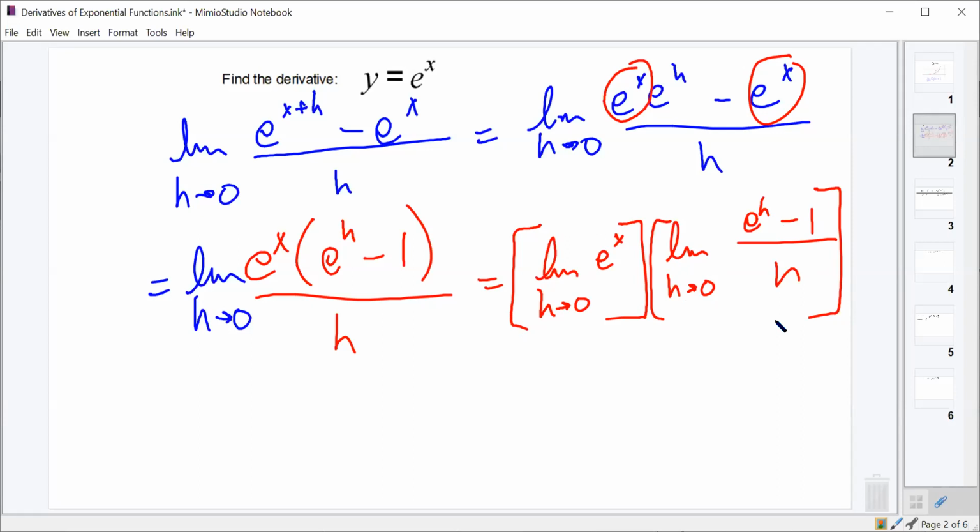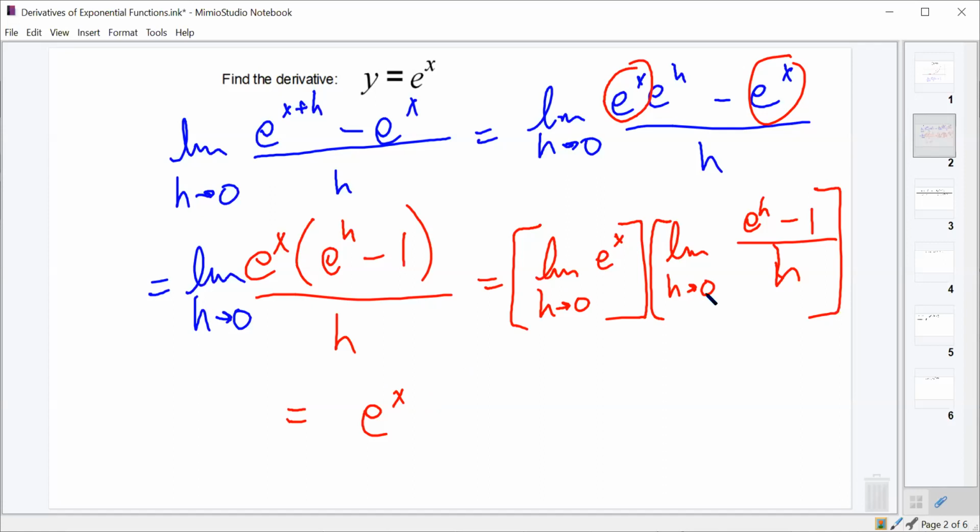Good or no? Good. All right, what's the limit as h approaches 0 of e to the x? Should be e to the x, right? Because there's no h's in there. So the limit as h approaches 0 of e to the x is just e to the x.